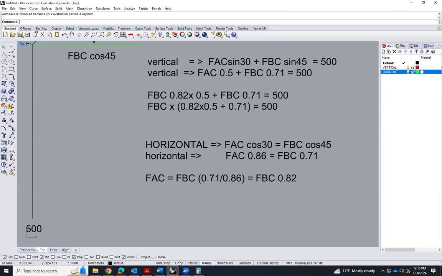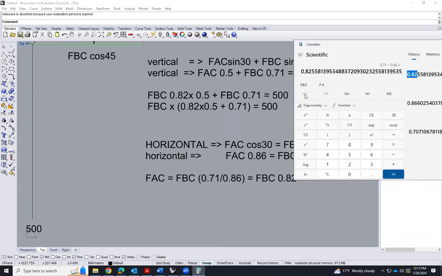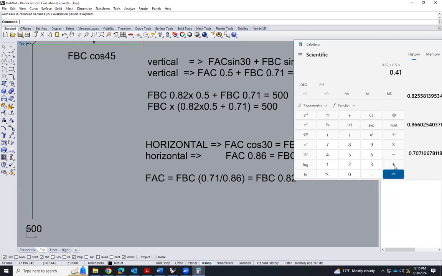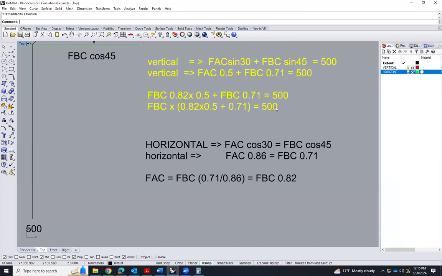Okay, I can solve this to get rid of numbers. This is 0.82 times 0.5 plus 0.71. So the number that I have inside the parentheses is 1.12. So that will be FBC times 1.12 equals 500.